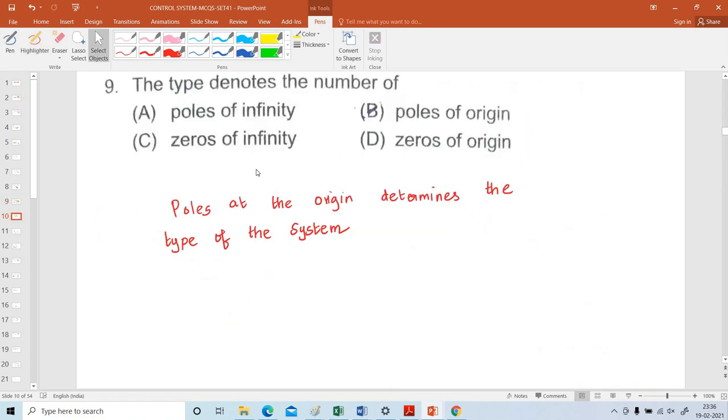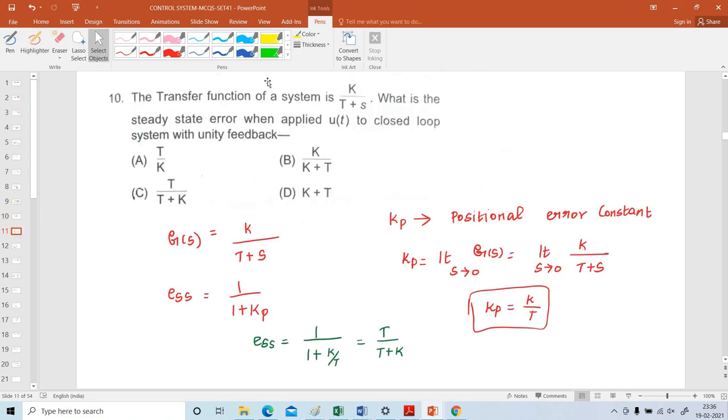Next, problem number 9. The type denotes the number of poles at the origin. Number of poles at the origin is the correct answer. The transfer function of the system is K by tau plus s. What is the steady state error when applying u of t in the closed loop system with unity feedback? So u of t is a step input with unity feedback. So first of all, I am going to write the transfer function given. And what is the error?